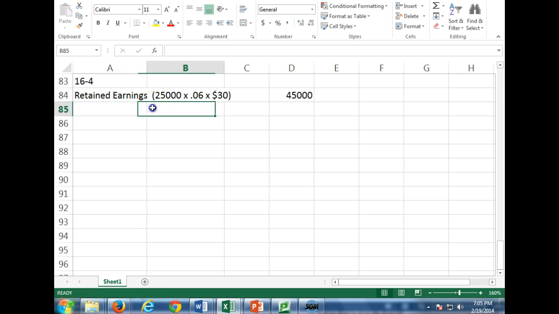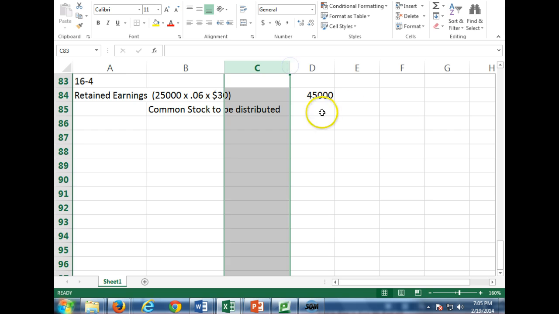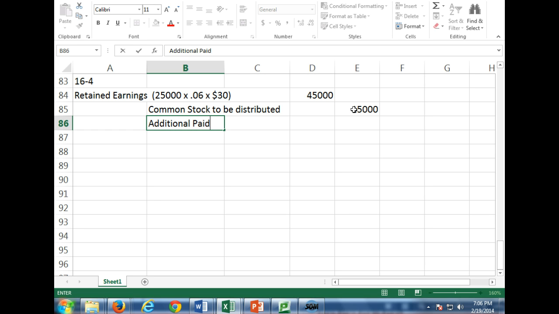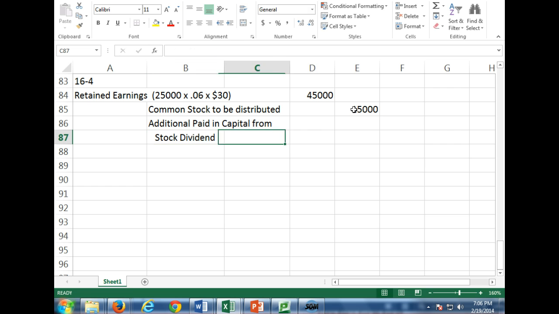And then we're going to do a credit for common stock to be distributed of 15,000, additional paid in capital from stock dividend, 30,000.